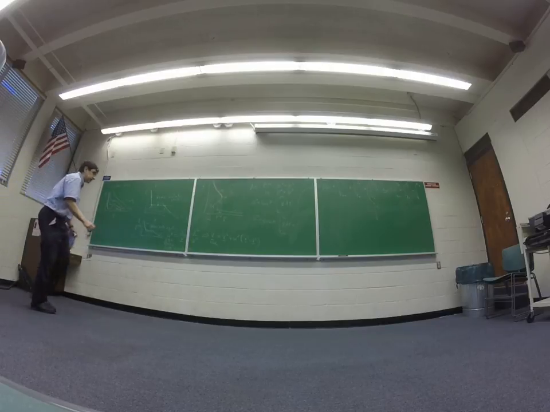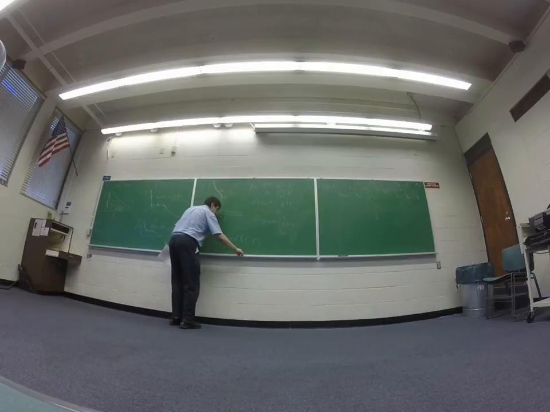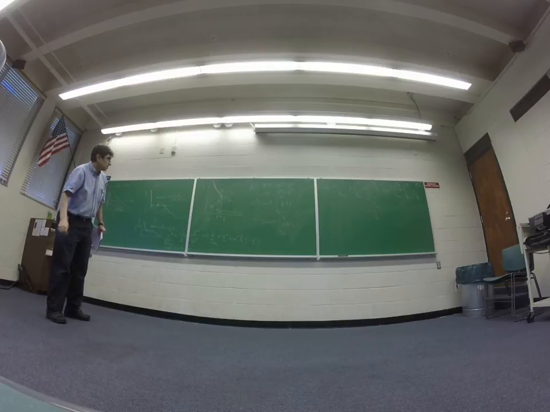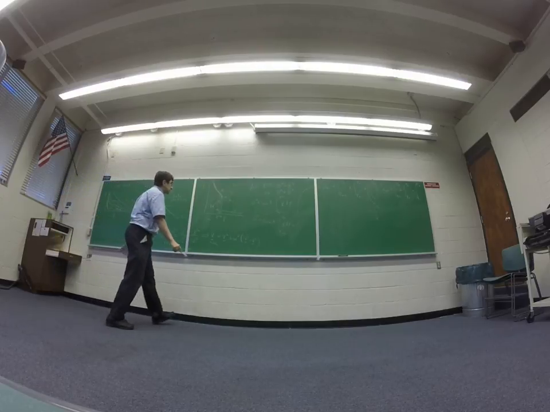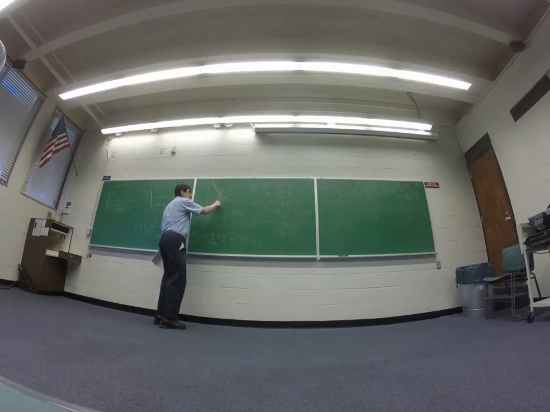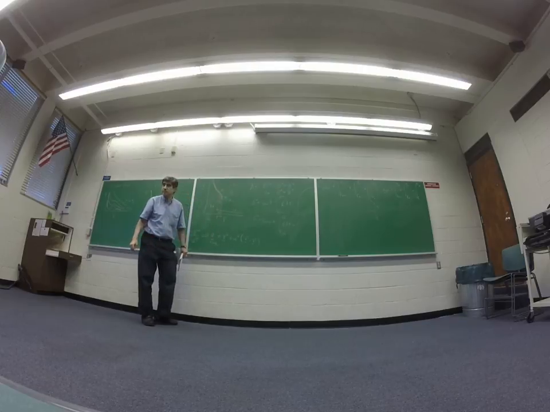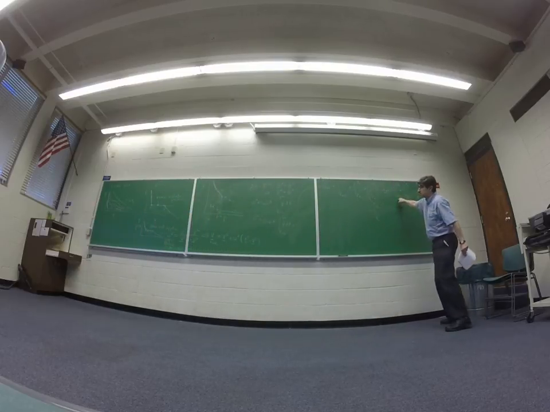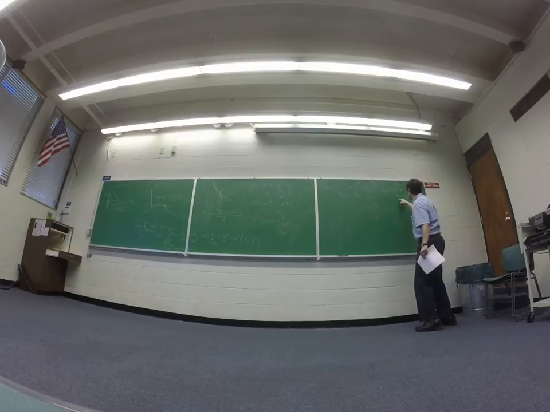Let's call this area here A1. Okay? You can see that the orange minus the blue is A1. You see that? This is the red.